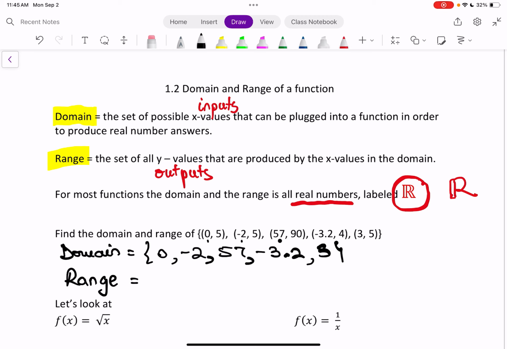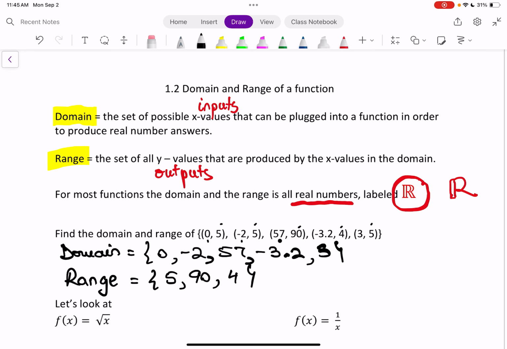You do not have to put them in order. So 5, I already have 5, I don't need to write it again. 90 and 4. These are all the possible y's. And you don't need to write 5 three times because you already have it as a possible y value.